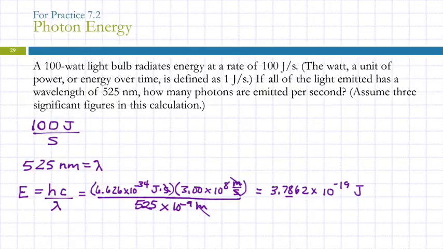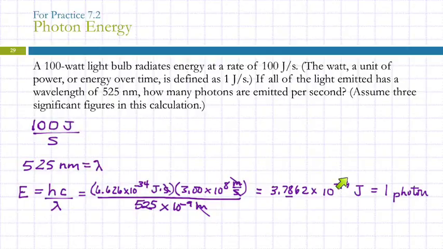What are they asking us to find? The photons emitted per second. So that's how many photons in 1 second, right? So this many joules is equal to 1 photon. So there's 2 different ways you can think about this. You can say, well, here I have 100 joules per second.